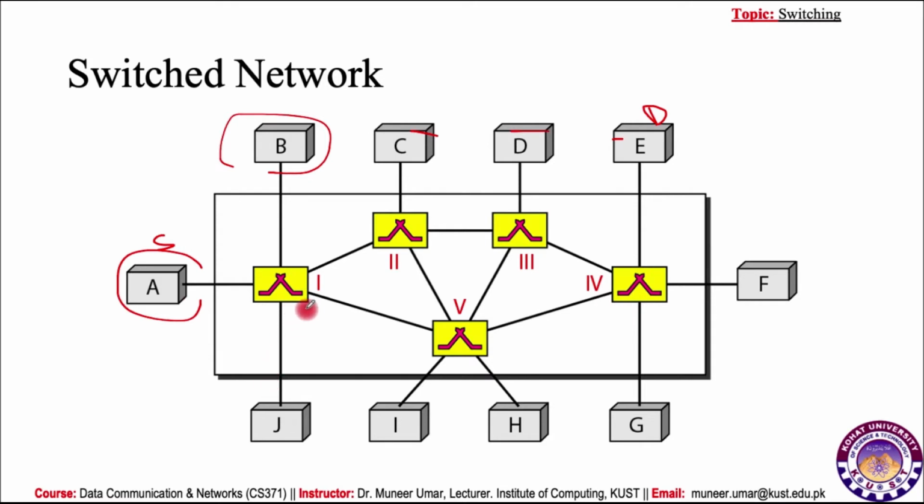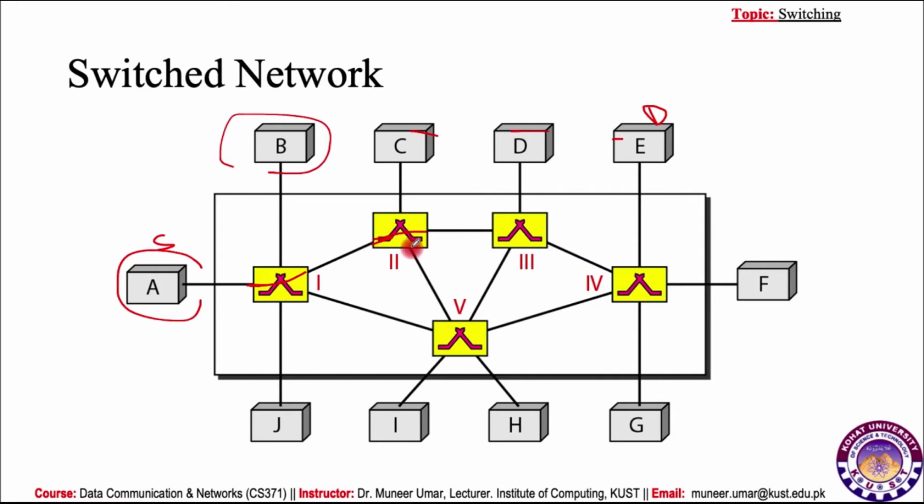So this one switch has the option to open this one port. Actually, this switch will open this port, and now it has options to open either of these four ports. So it will open this one and connect these two ports. After that, this switch can connect this port with one of these three. So it can connect this one.